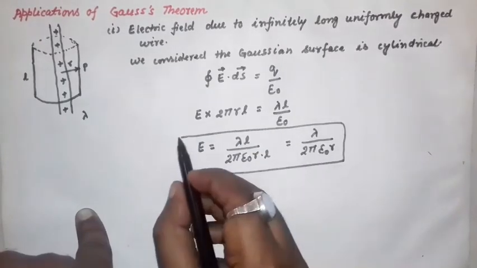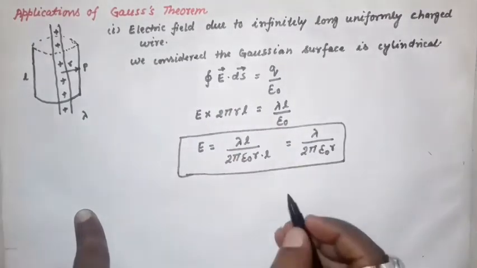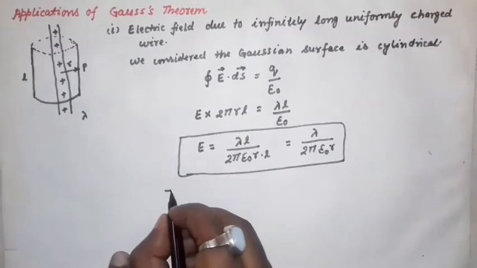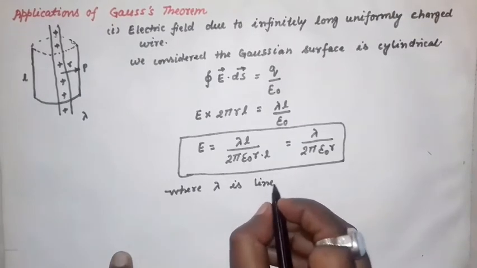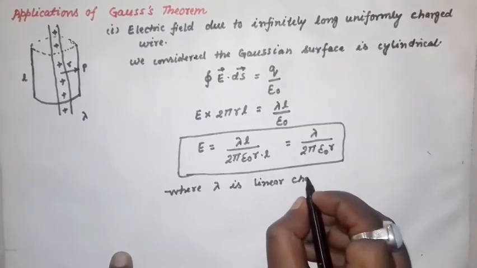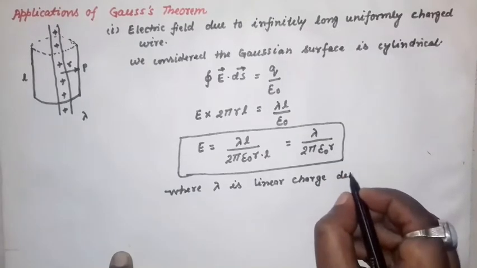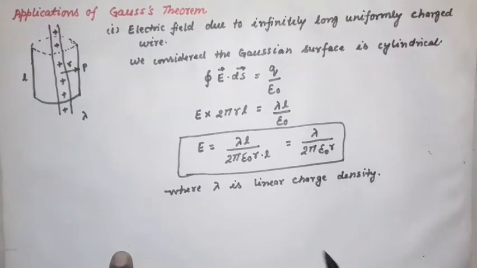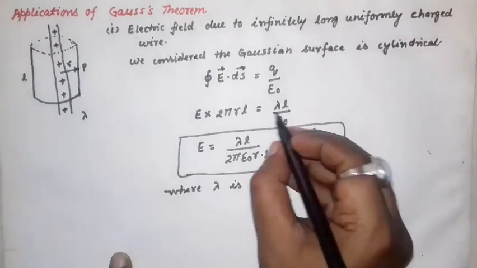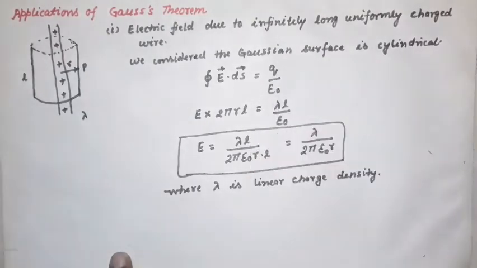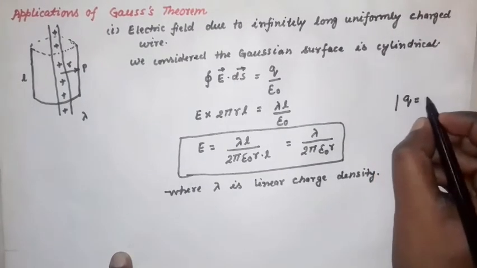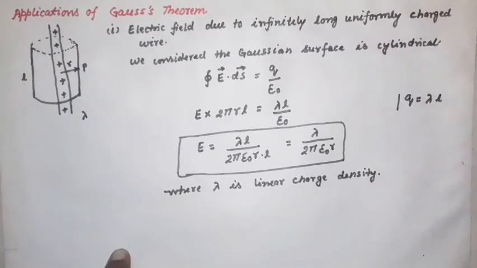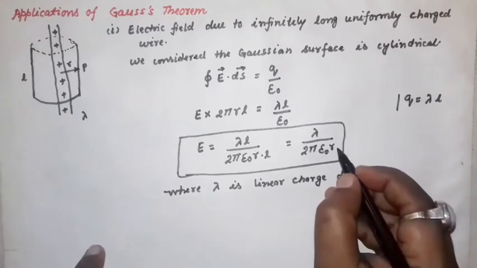So this is the formula to calculate electric field in this case, where lambda is linear charge density. This linear charge density will be multiplied by the length L to give the value of total charge Q. So here we imposed Q equal to lambda L. And what is this r?